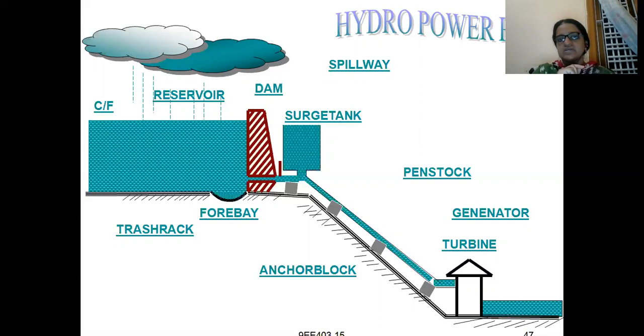The forebay also stores some amount of water, so if suddenly water is required during peak load hours, immediately from the forebay the water enters the dam. So there won't be much consumption of time, the operation will be done easily, and the demand will be fulfilled, right?